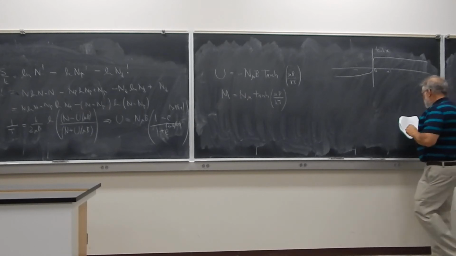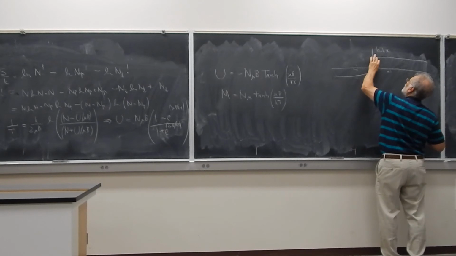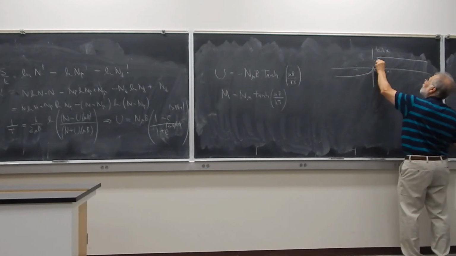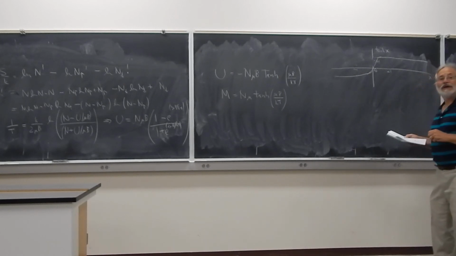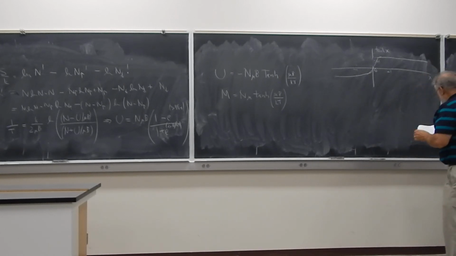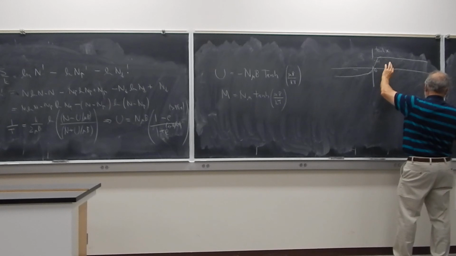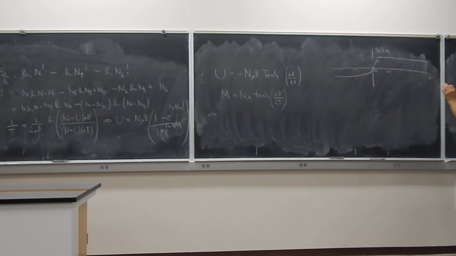It rises from the origin with a slope of plus 1. The way this works is it flattens to an asymptotic value of 1 as the argument approaches infinity, going left to right.